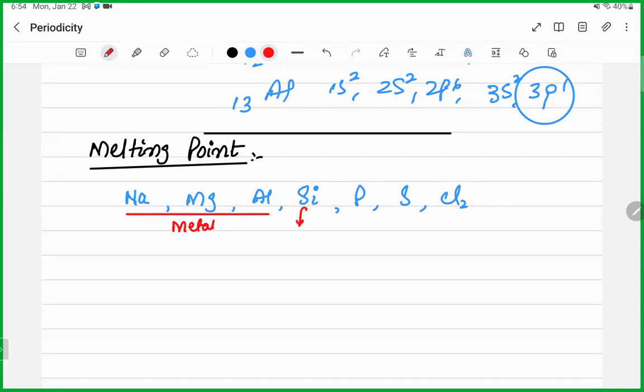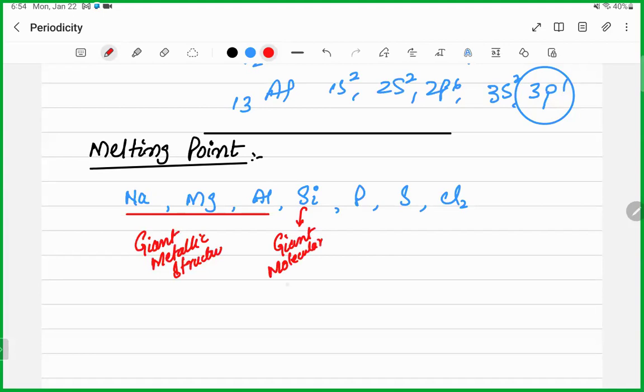What is the structure of Si? Metals का structure है giant metallic structure. Okay, silicon is a metalloid और इसका structure ये होता है giant molecular structure.